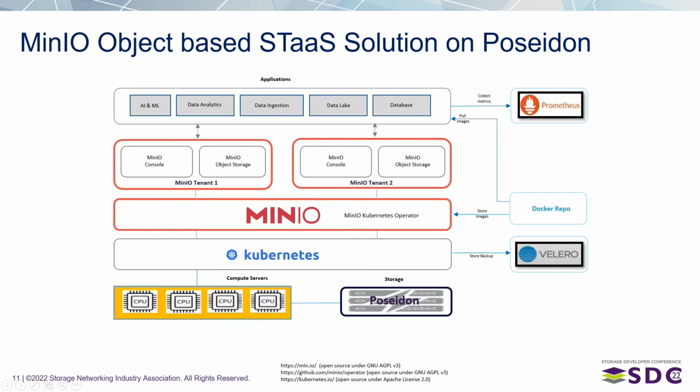For example, in this diagram, we have two Minio tenants, tenant 1 and tenant 2. Each tenant can have different capacity, resources, and servers, as well as separate configurations like encryption, versioning, and security.